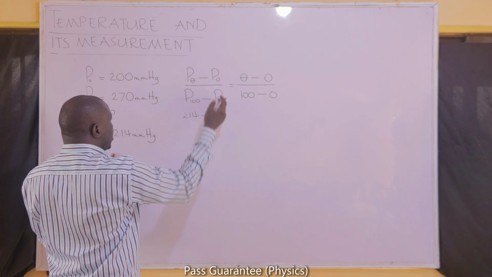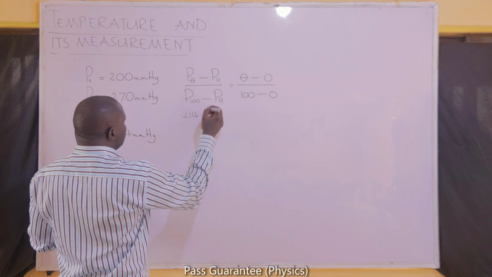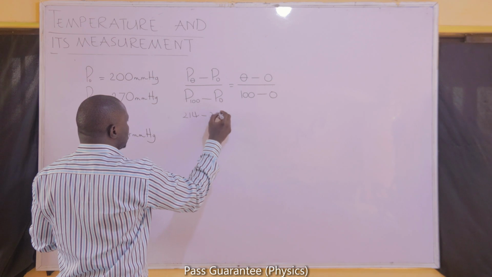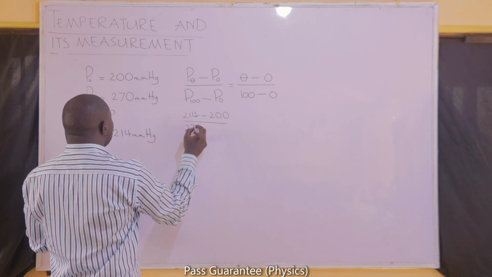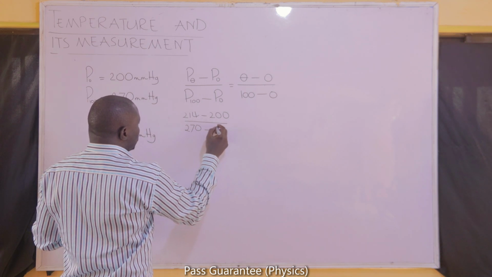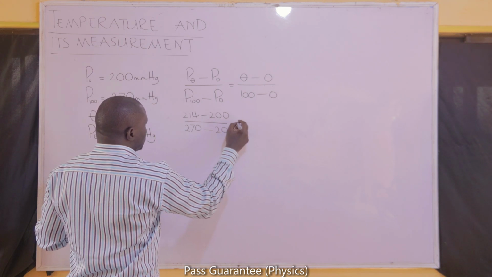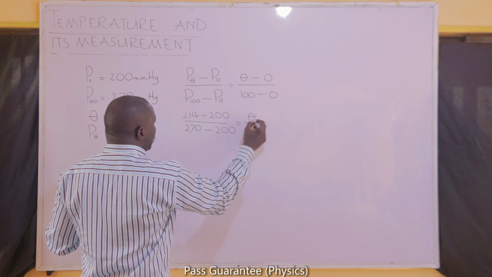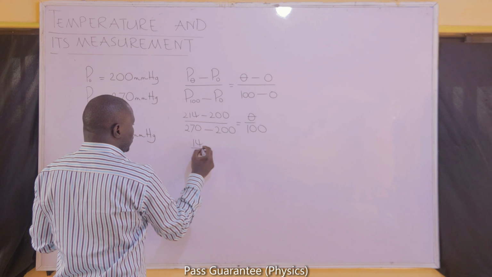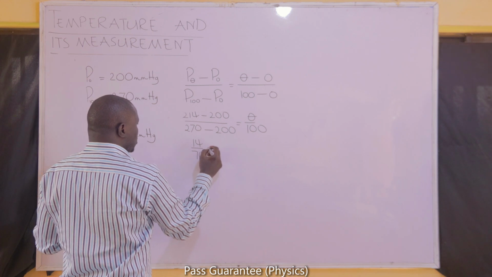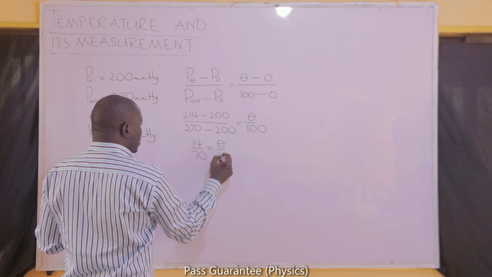I must ensure that they are all in the same unit. P0 is 200. P100 is 270. P0 is 200. It must be equal to theta all over 100. So that should be 14 all over 70 is equal to theta all over 100.